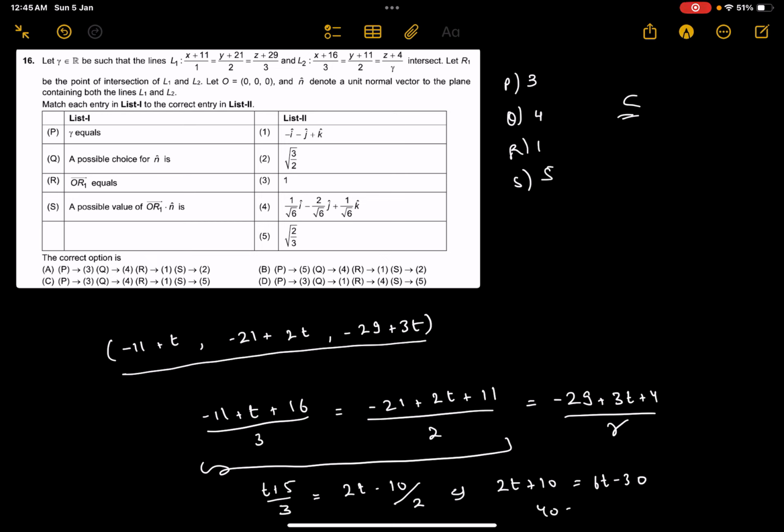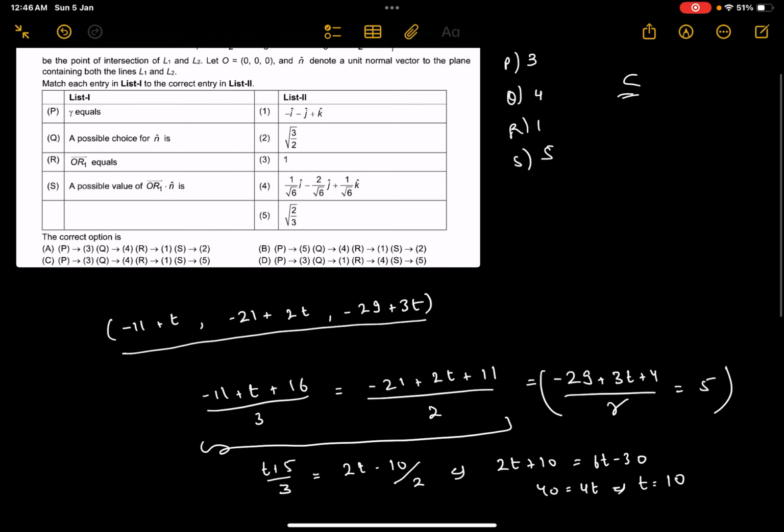We get 40 equals 40, t equals 10. Substituting t equals 10, we get 20, 10. This should be equal to 5. So using these two and substituting t by 10, we get -29 plus 30 plus 4 upon gamma equals 5, which gives us gamma equals 1.